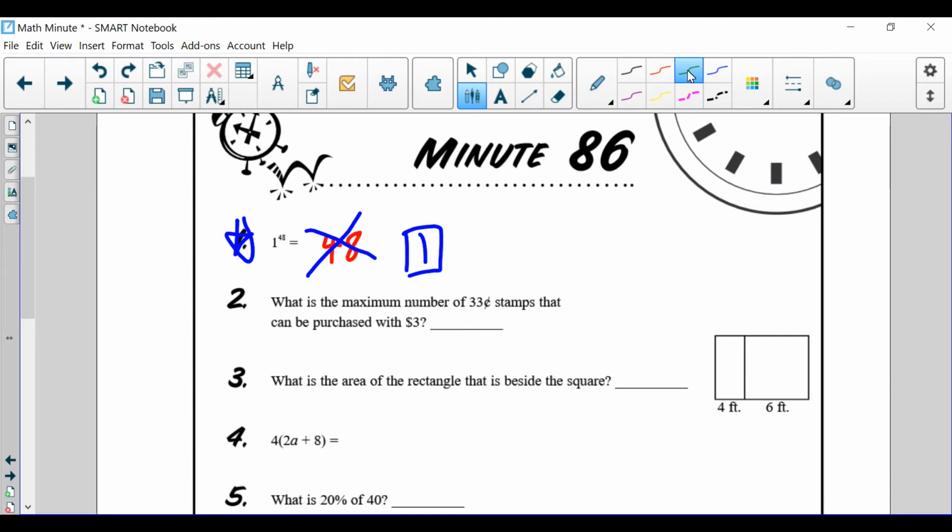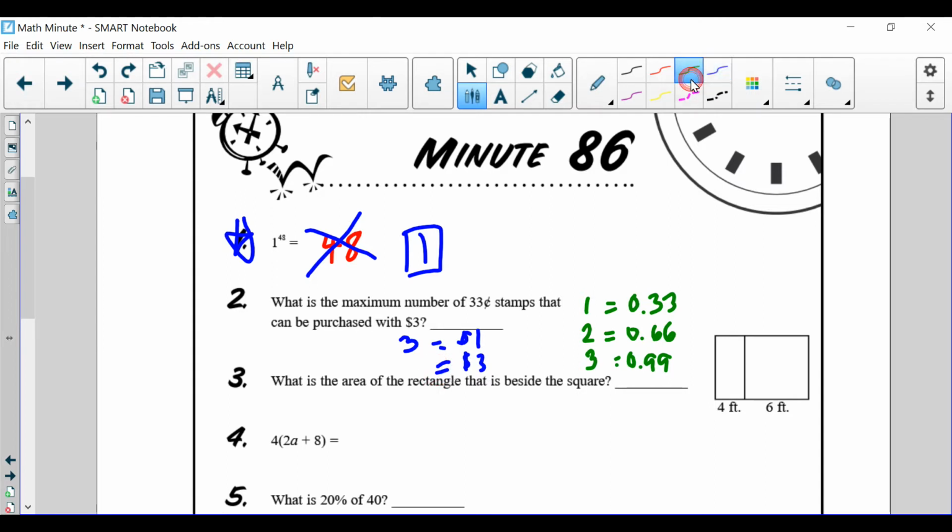With $1, I'm not sure, but I do know that one stamp is equal to 33 cents, and that makes 2 stamps equal to 66 cents. And 3 stamps is equal to 99 cents. So if you can buy 3 stamps for about $1, how many stamps can you purchase with $3?